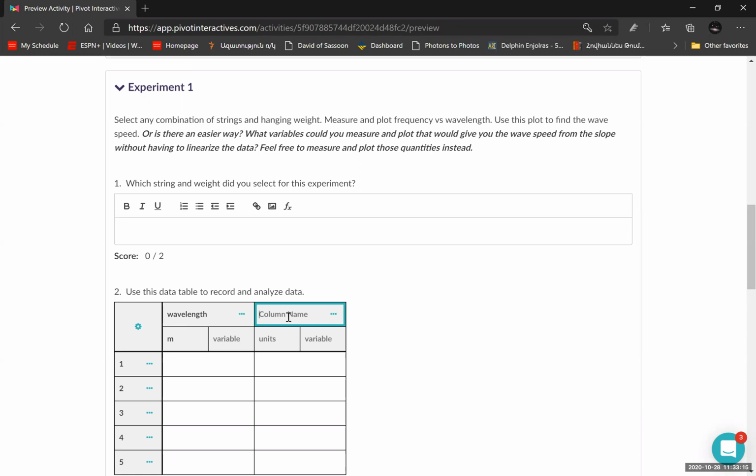This will then be frequency, and the units are hertz or 1 per second, so technically it's better to write 1 per second. So think like this: when frequency was 0, the wavelength is 0.